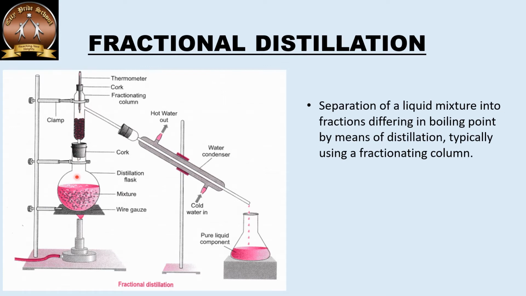Some vapors of liquid B would also rise from the bottom flask to the upper fractionating column. But the temperature over here is not high enough for liquid B to get more and more evaporated or travel further upward.